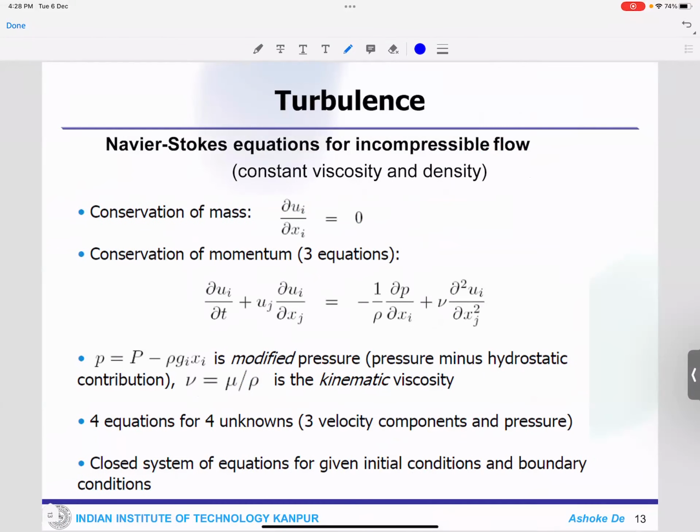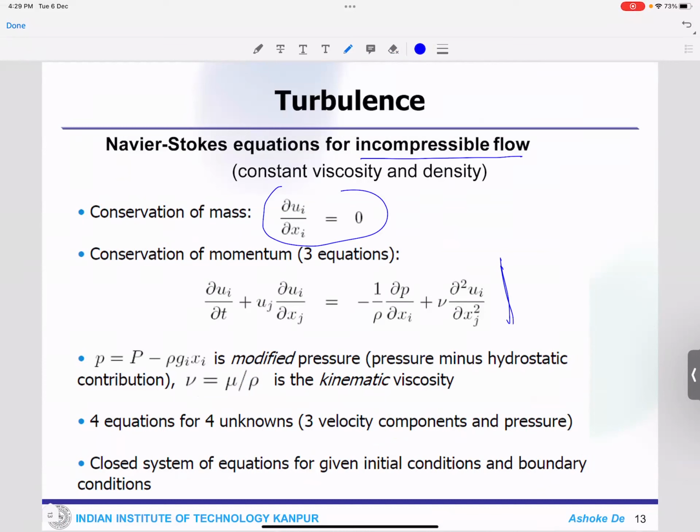If you look at your typical fluid flow governing equations, in an incompressible case, obviously I'm talking about incompressible governing equations, you see these are your continuity equation, or you can say the mass conservation equation, and these are your momentum equations. And you have the other term, the pressure, which is.